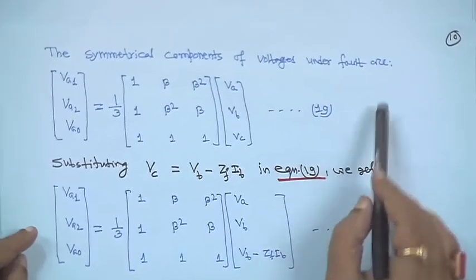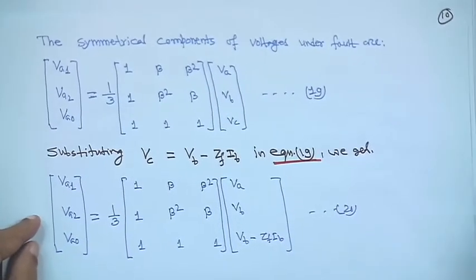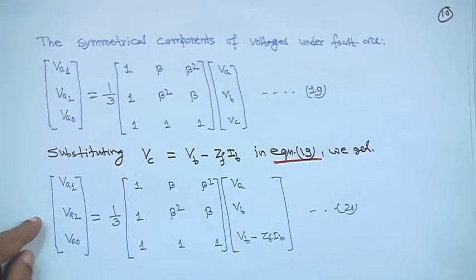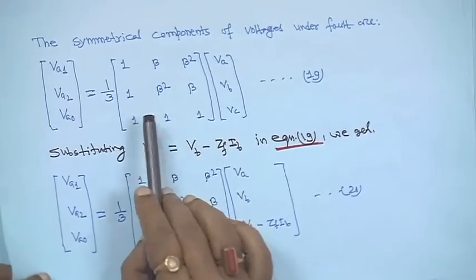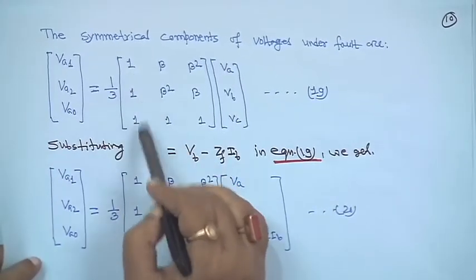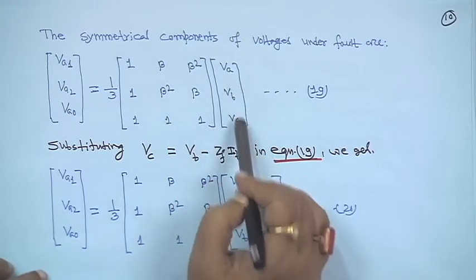With this, the symmetrical components of the voltages under fault are VA1, VA2, VA0, which we know from symmetrical components: 1/3 times the matrix 1, beta, beta square; 1, beta square, beta; 1, 1, 1, multiplied by VA, VB, VC.